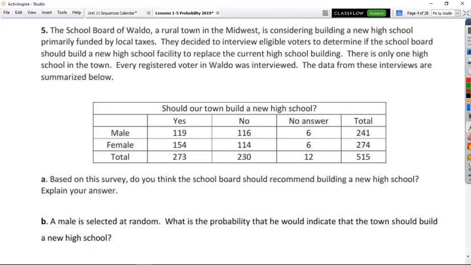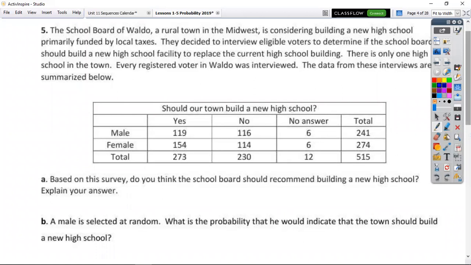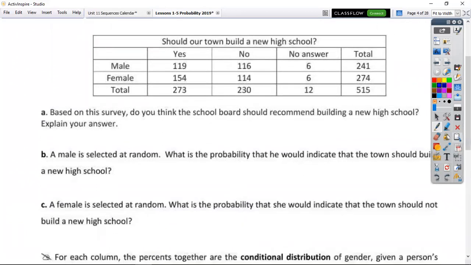So based on this survey, we want to back this up with math. Do you think the school board should recommend building a new high school? Well, what should we look at, guys, from the table? How many said yes, and if it represents a majority? Excellent.